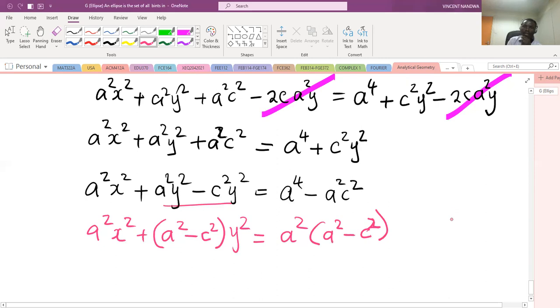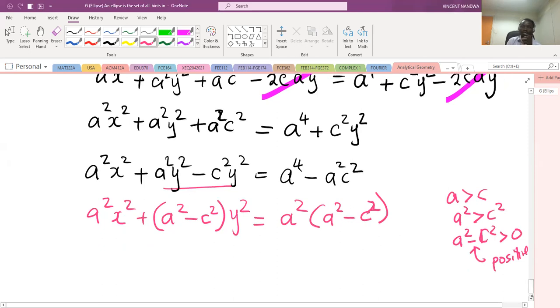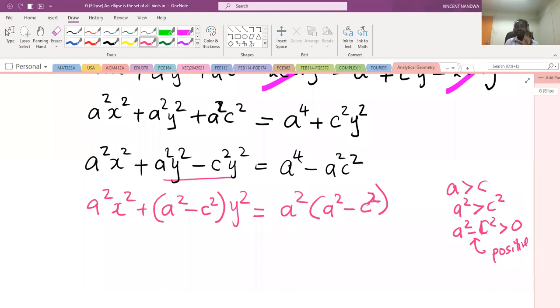And since a is greater than c, then a squared is greater than c squared, and then a squared minus c squared is greater than 0. So it means that this quantity here is positive. That difference a squared minus c squared is positive. So therefore, for us to ensure that what we are fixing is a positive value, we make it a square.